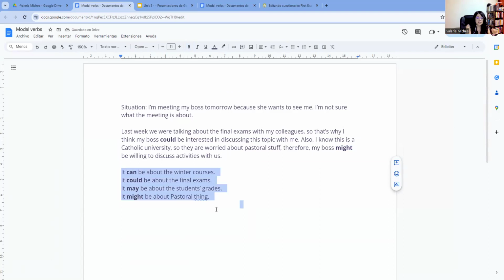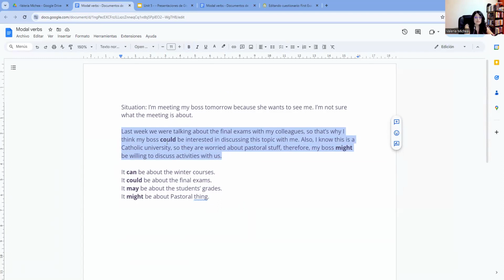Now I turned these ideas into a paragraph by adding a situation, a conversation that I had with another person, an experience that I had some other time, etc. So basically, I'm showing some more evidence about why I think this is what my boss wants to talk about. I'm putting the evidence in a more obvious way, if you wish. So that's what I want you to do.